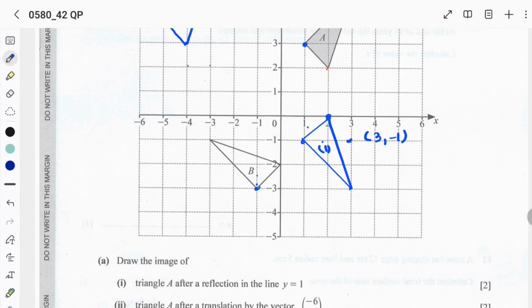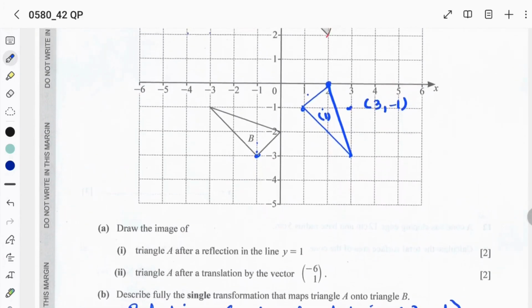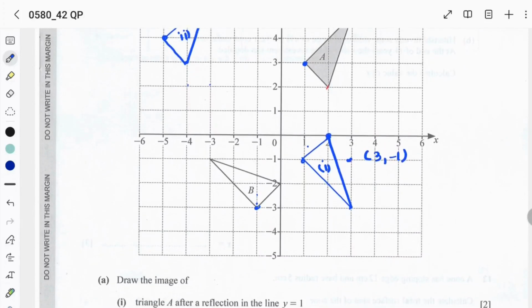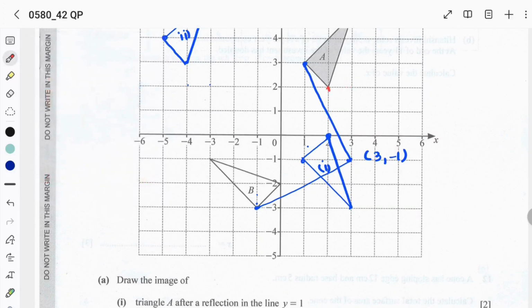You know that the rotation is triangle A to B. A to B means it is rotating from A to B, and now you join the corresponding points. For example, you join from object to center to image, and it is 90-degree. Wherever you try, you will see that it is 90-degree. For example, I'm trying the other one, this one.